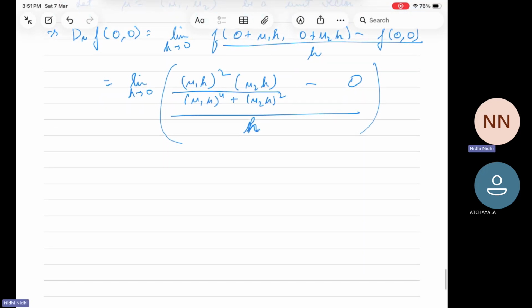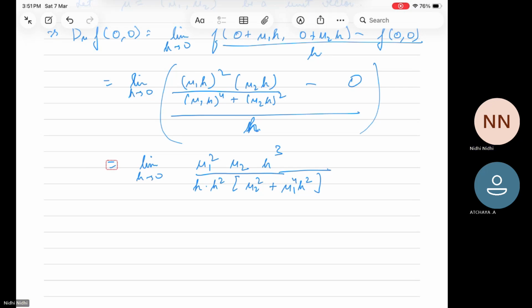So once we simplify this, we get limit h tending to 0, u1 square u2 h cube upon h, and taking out h square outside, u2 square plus u1 power 4 h square.